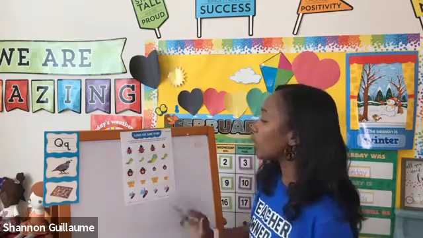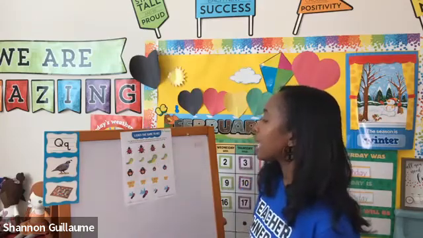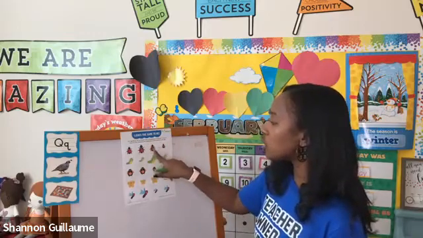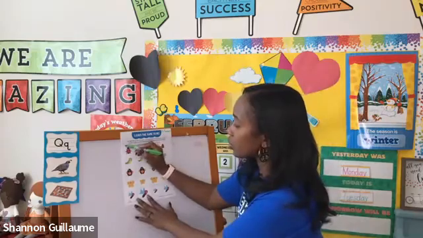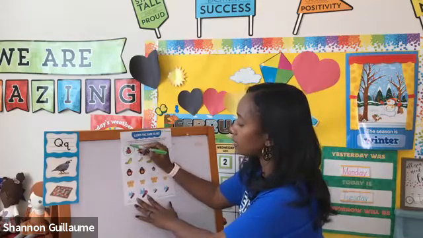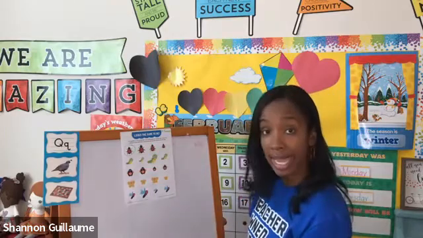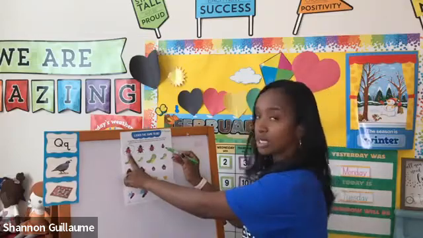Okay. Well, let's start with our ladybug. It is the same size as which one here, friends? We have 1, 2, 3. Let's look at this here. Let's circle the first ladybug. All right. And which one is the same size? Is this the same size as this, friends?